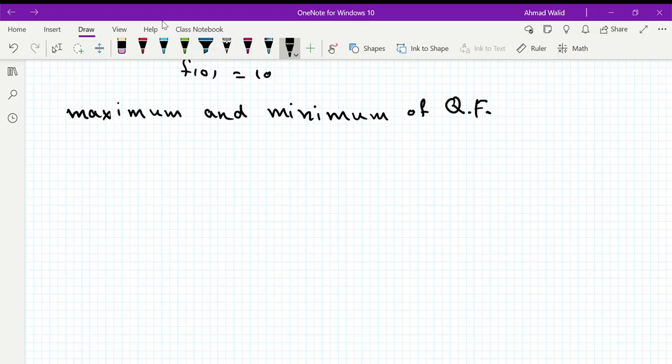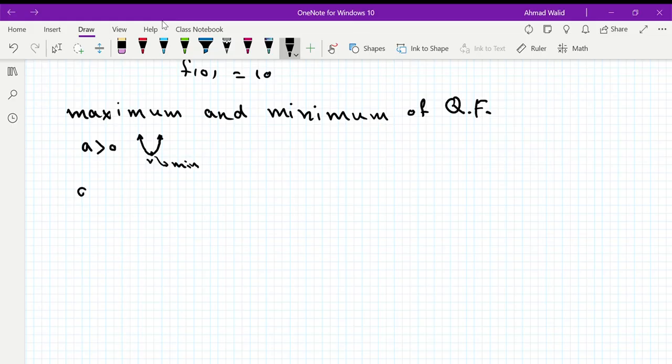I'll put QF here. If you remember, at the beginning of the lecture, I told you that if a is greater than 0, the function is opening upward. It means your vertex is the lowest point in your function, correct? This is vertex, and I called it for you minimum, correct? The minimum point of your function.